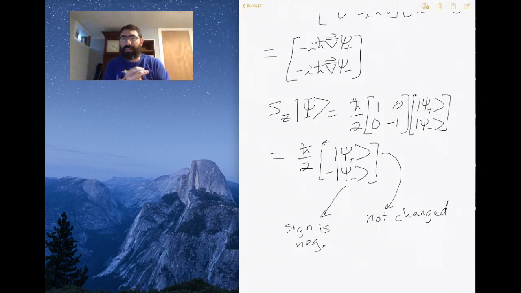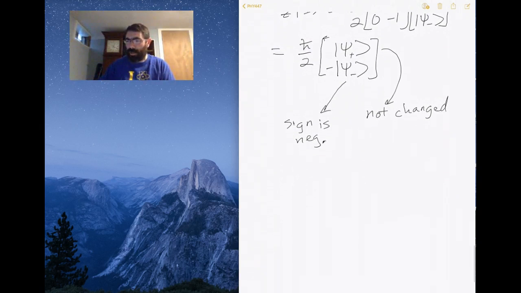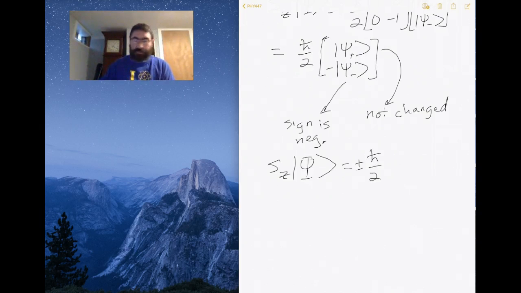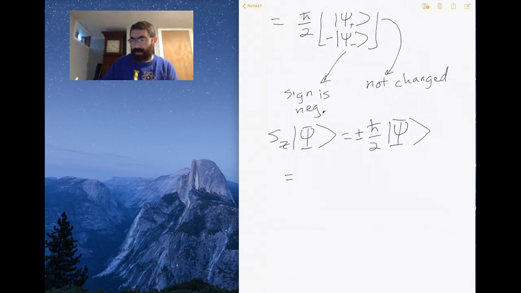Spin down now carries a minus sign with it. So you can actually take that minus sign out and say that the operator on the state is going to give us eigenvalues of plus or minus h bar over 2 times the state back again. Or I could write it more succinctly by saying m_s h bar.